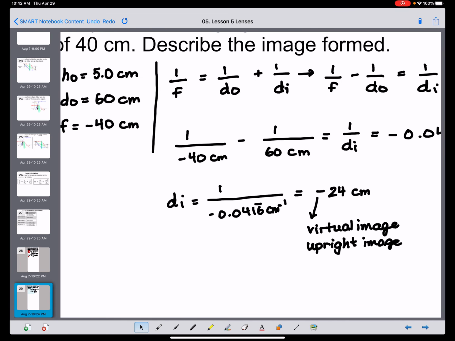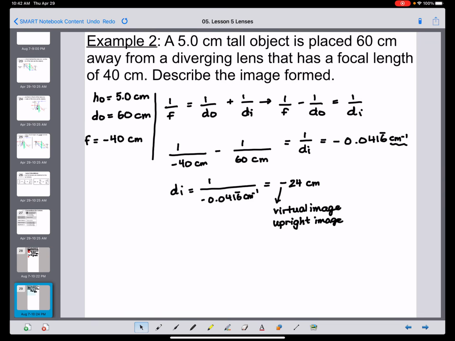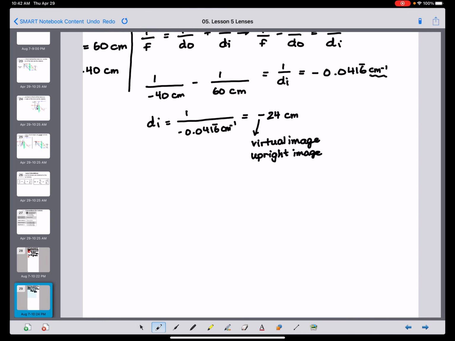Okay, and then the magnification. To do the magnification, negative DI over DO. So negative times negative 24 over DO, which is 60. That gives a positive value. Now you don't have to write the plus sign there, but I'm just doing it to be clear. So it gives positive 0.4.